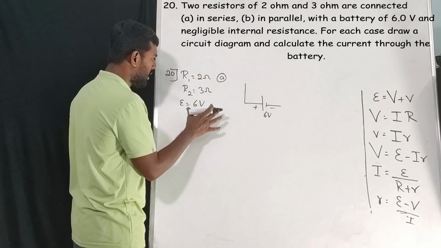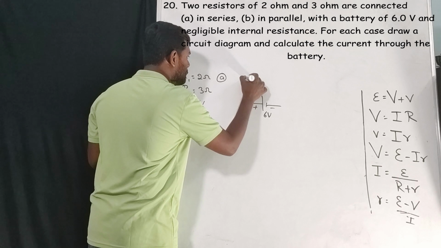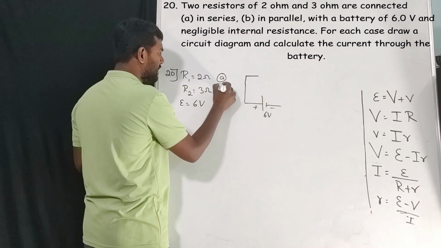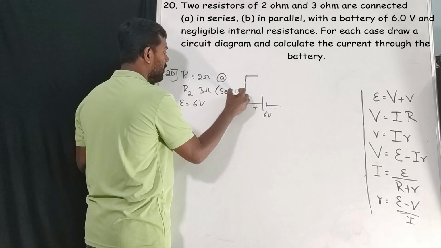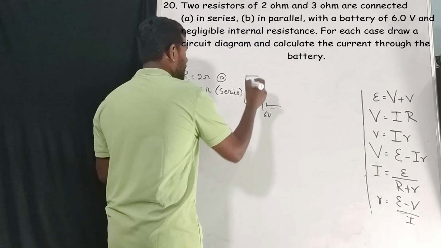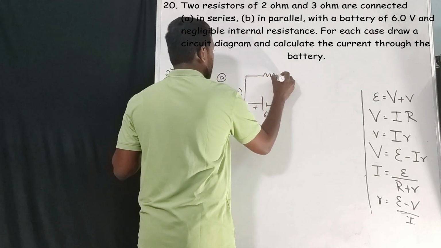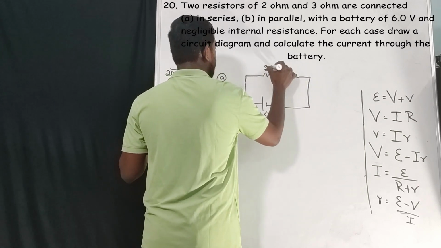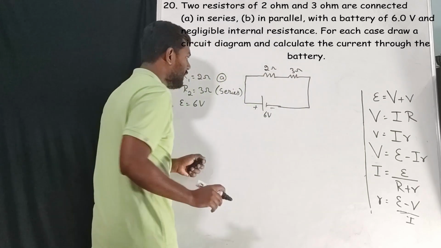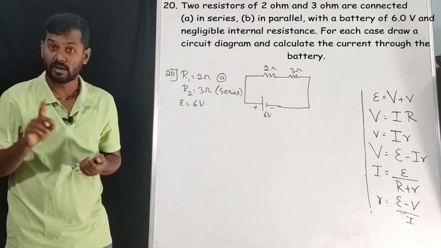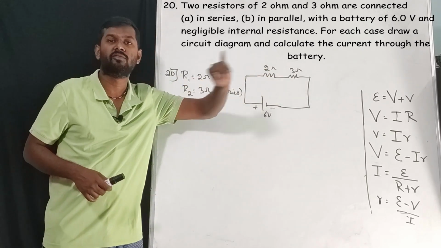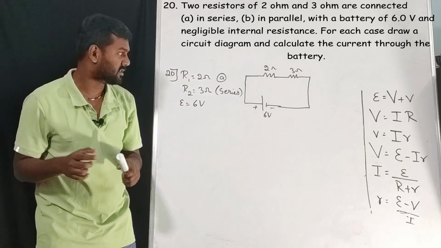Okay, now we have to connect two resistors, right? The two in series. First case, in series we are going to do. Okay, case 1, it is in series. See, series we can easily draw, 2 ohm and 3 ohm. Whenever we want to find current, first calculate the effective resistance or equivalent resistance.